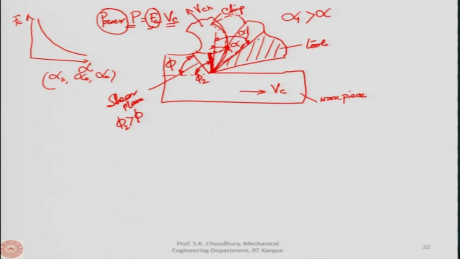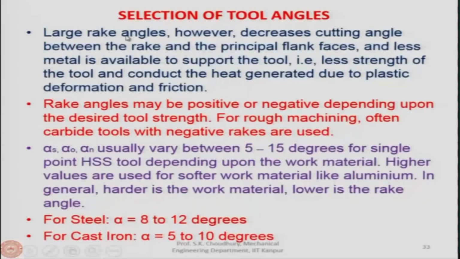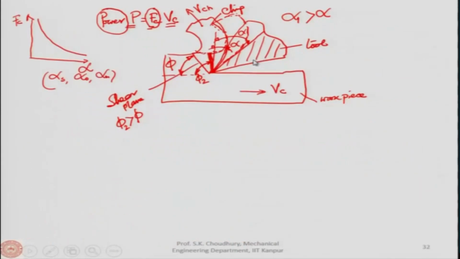The material in the tool will be less as we are increasing alpha. So, what is written is that the large rake angle, however, decreases the cutting angle. The cutting angle is actually this angle.